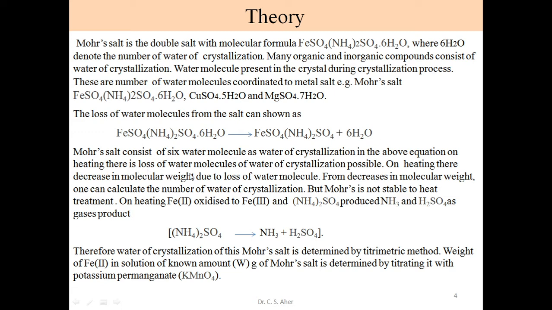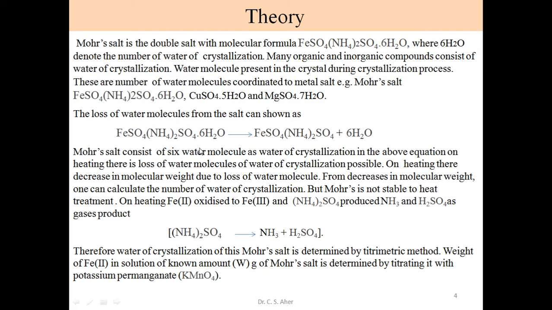On heating, loss of water of crystallization is possible, and there is a decrease in molecular weight due to loss of water molecules. From this decrease in weight, one can calculate the number of water of crystallization. That is called the gravimetric method.